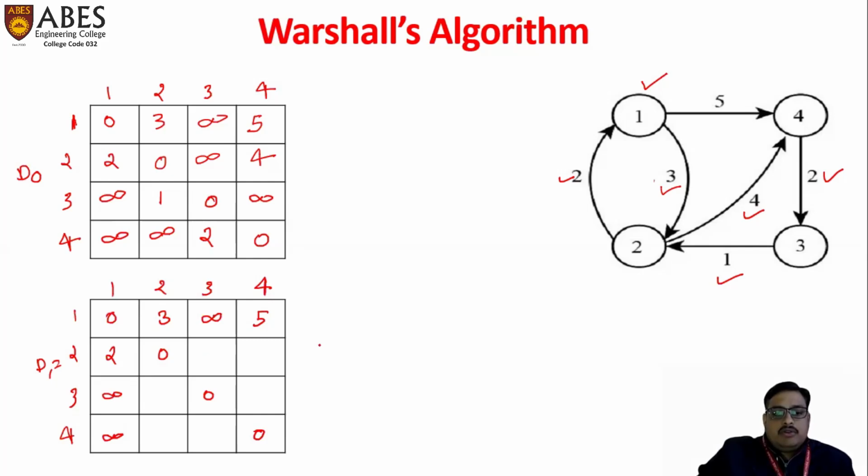Now the first value we are trying to find out is d23, when 1 is the intermediate node.